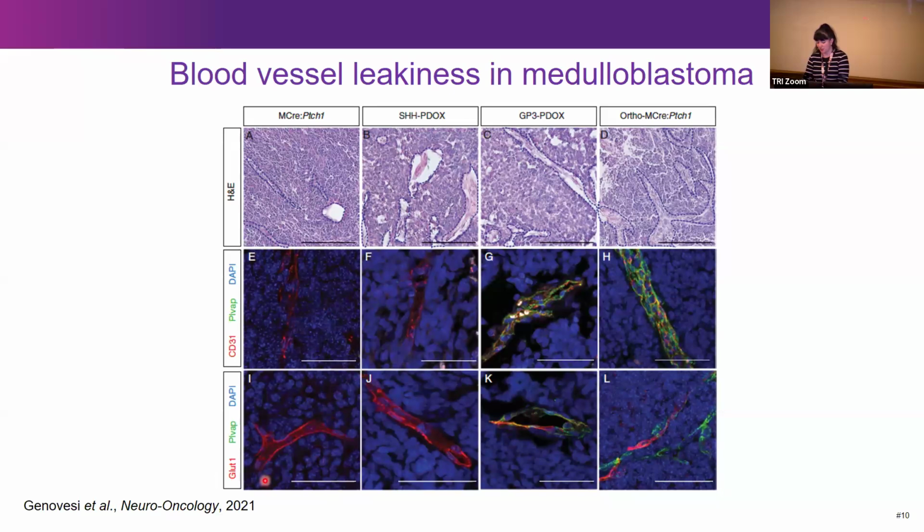And this is CD31 and GLUT1 reporters, again marking the vasculature. If you thoroughly analyze them, you can see nicely the compromised integrity of the vessels, and as I said, upregulation of this fenestrated marker.